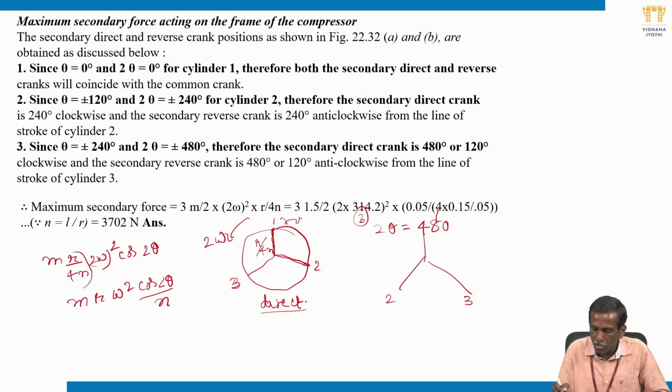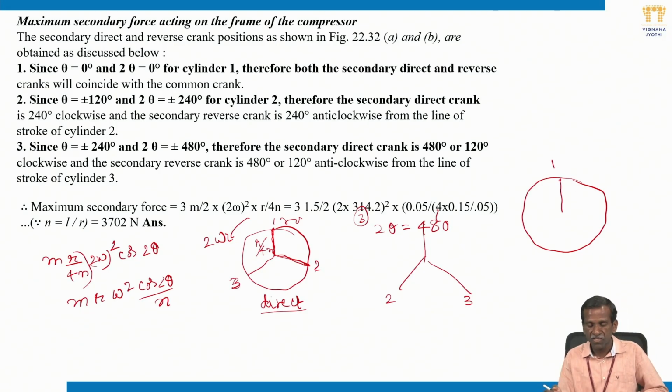Now talking about reverse cranks. Reverse cranks means the first one is anyhow 1 because 2 theta is 0, and the second one 120 means 240, it has to rotate anti-clockwise. Initially its position is here, 240 means 120, 240, so its crank position is here only.